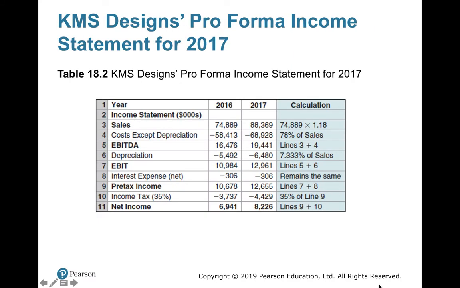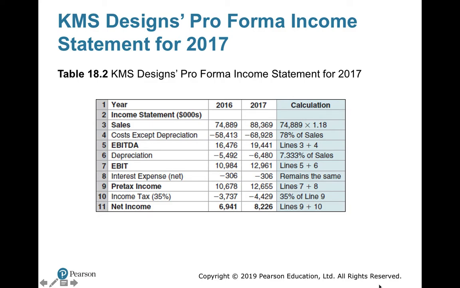Do it now. Everything is available with us. 2016 sales is 74,889. It will grow at 18%. So 2017 sales will be predicted: 74,889 multiplied by 1.18 is equal to 88,369. Minus cost. We have calculated cost is 78% of the sales. So 78% of 88,369 is 68,928.